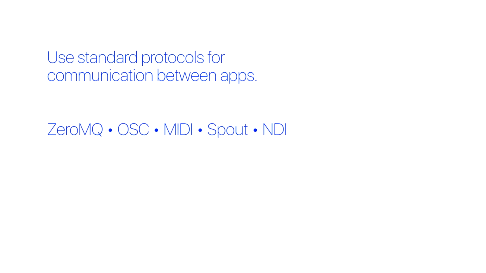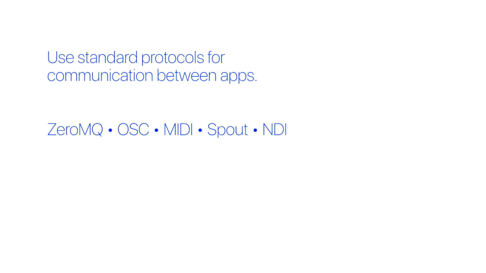And you also need to use standard protocols for communication between apps. We used quite a bit of custom TCP messages in the past, but that's not sustainable, so we moved to ZeroMQ for communication between apps in different languages, OSC for commands, and MIDI to control hardware synthesizers or Ableton.